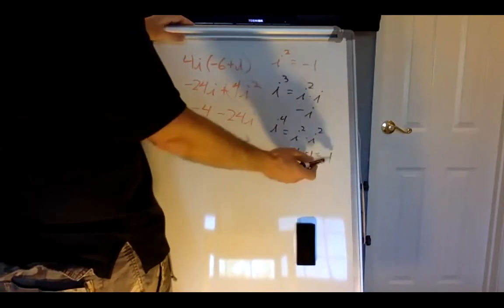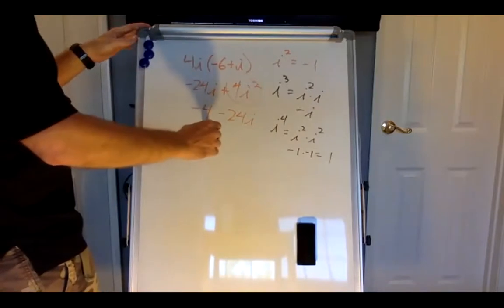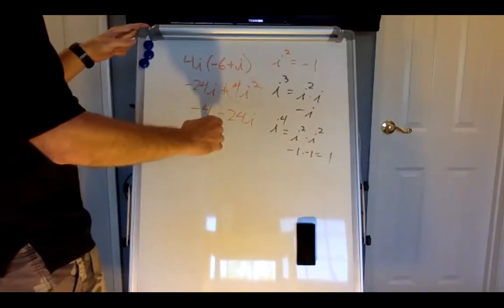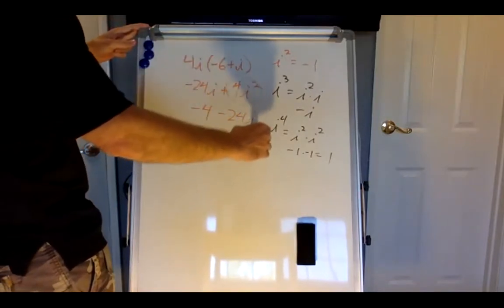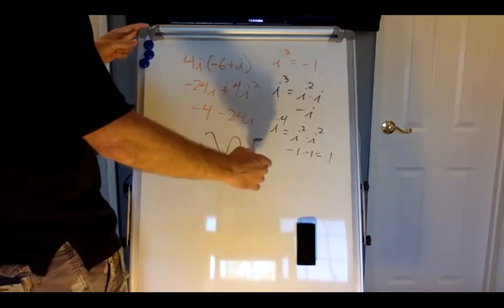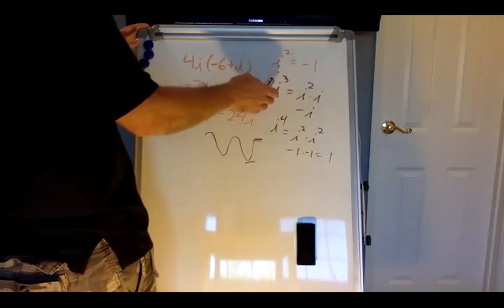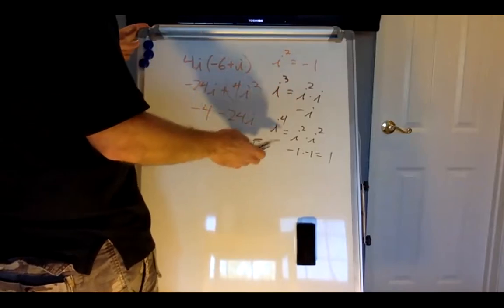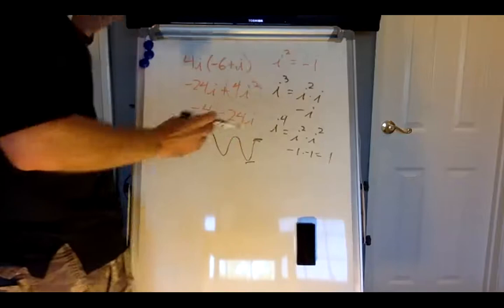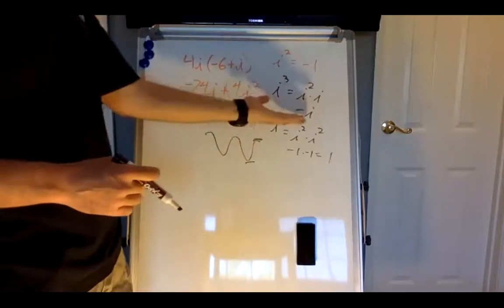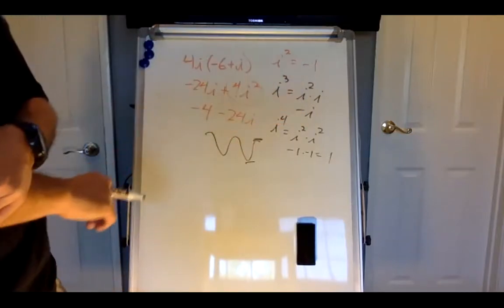So what you're looking at here is, if I want a function to oscillate between positive 1 and negative 1 and have it keep going back, look at what you can do. Just keep increasing the exponent of i. Multiplying by i squared is multiplying by negative 1, which makes sense.